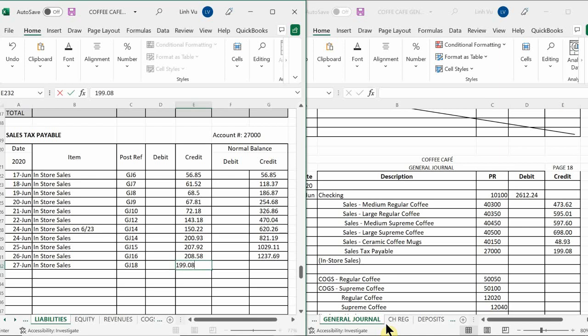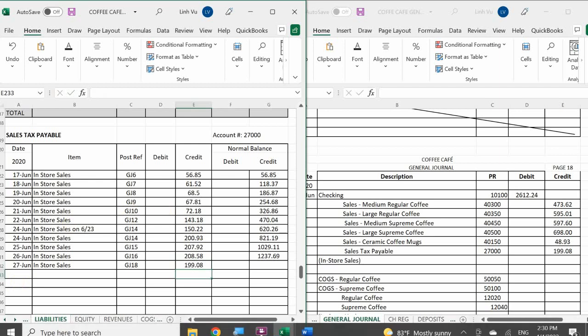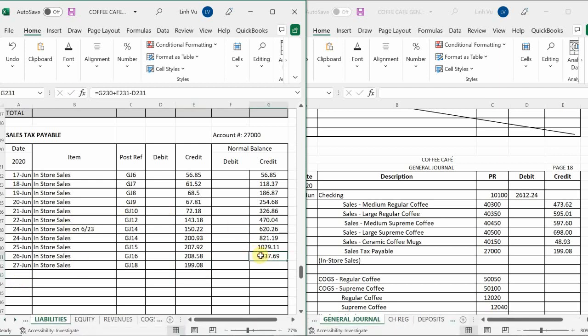So what's my grand total that I collected for sales tax? Okay, 1436.77. Good.